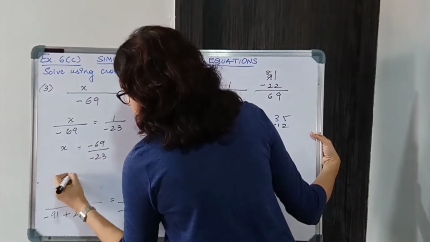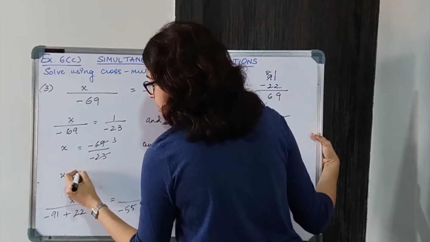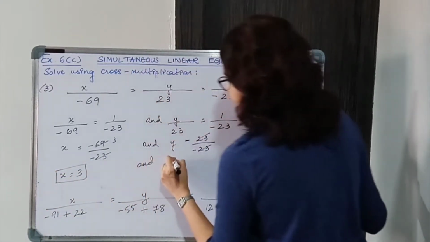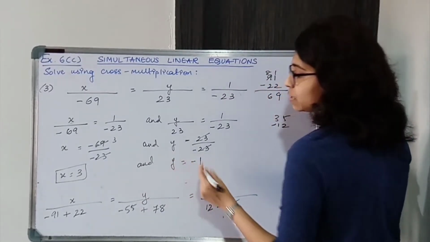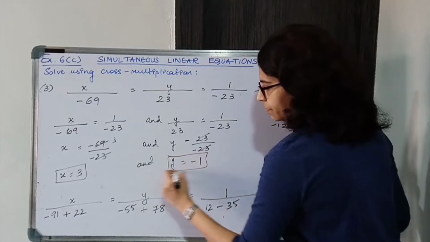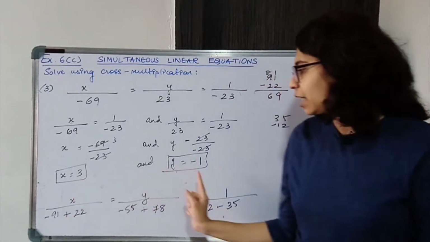So here we'll get 23 3s are, minus into minus is plus, so x is 3 and y is minus 1 because this minus will go in the numerator, so it becomes minus 1. Okay, so the answer is x is equal to 3 and y is equal to minus 1.